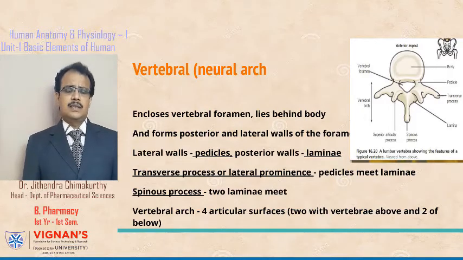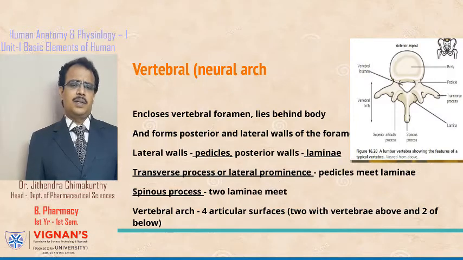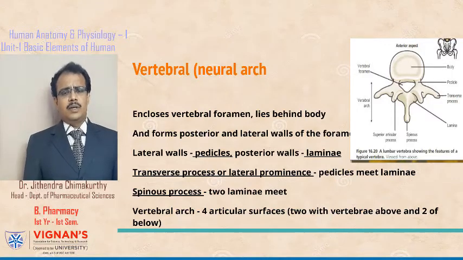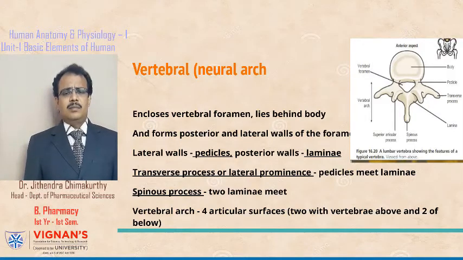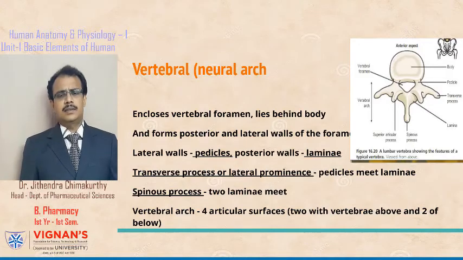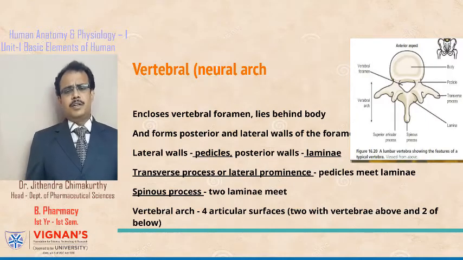It means the size of the body will be the smallest in the case of cervical vertebrae and the largest in the case of lumbar vertebrae, because the lower regions of the vertebral column have to bear the weight of the body.